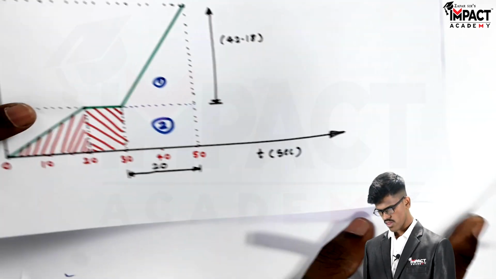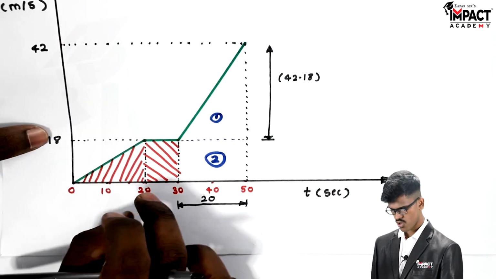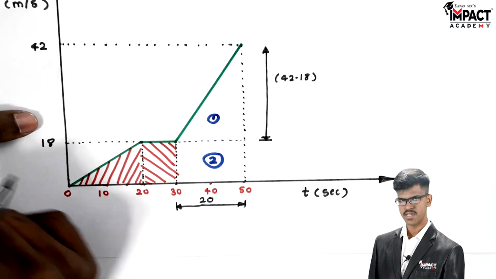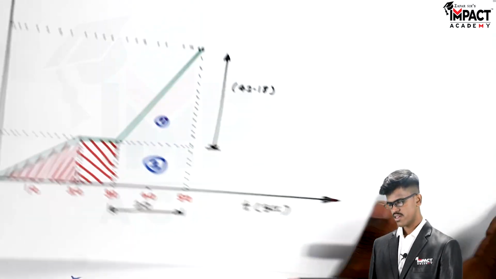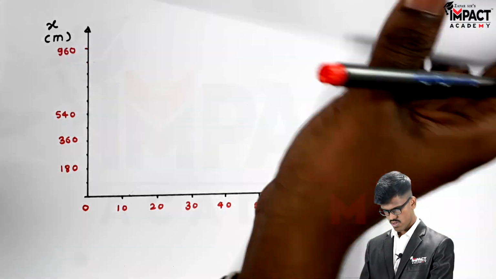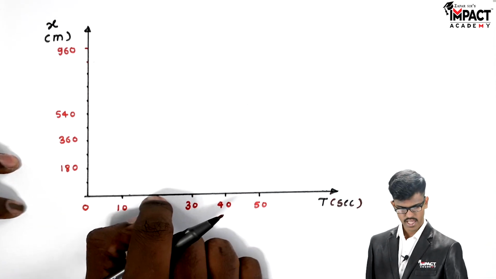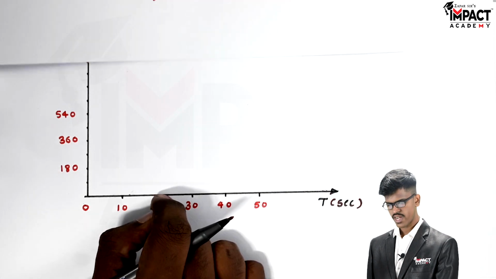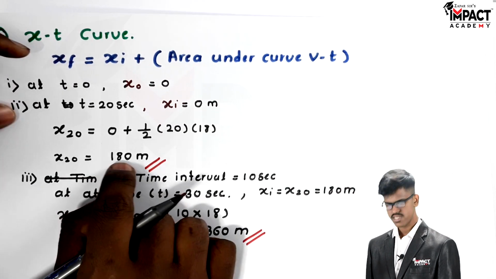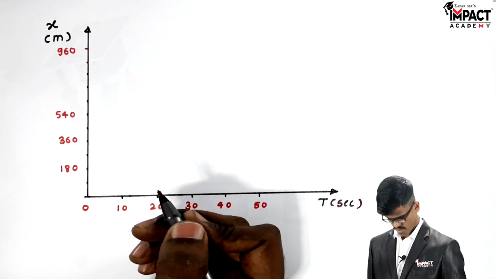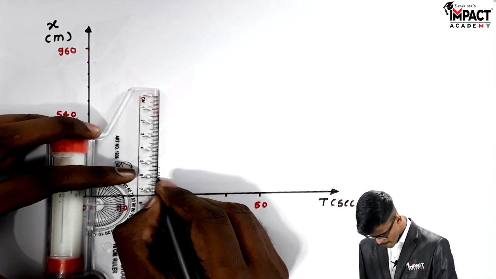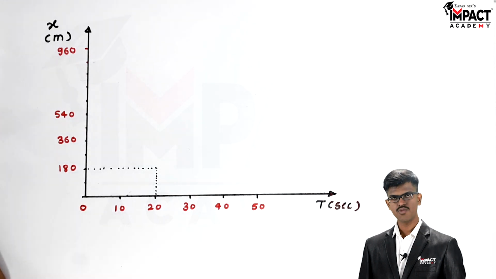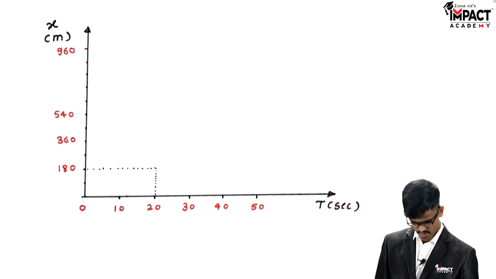So for time interval 0 to 20, the displacement curve will be parabolic in nature. From 0 to 20, the displacement of the particle is 180 meter, and the nature of the curve will be a parabola.